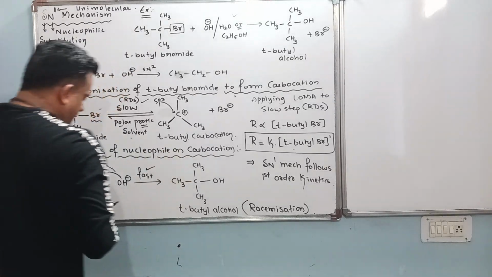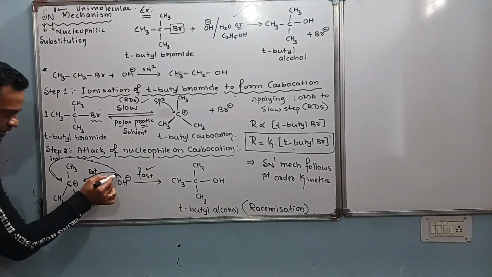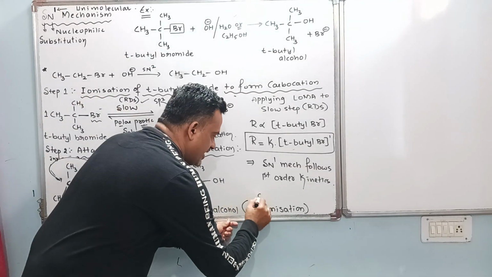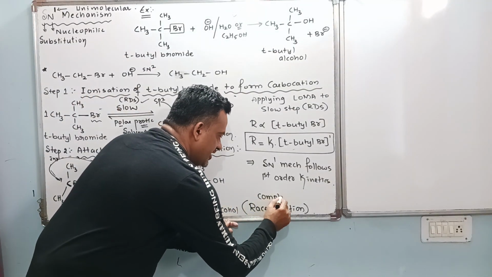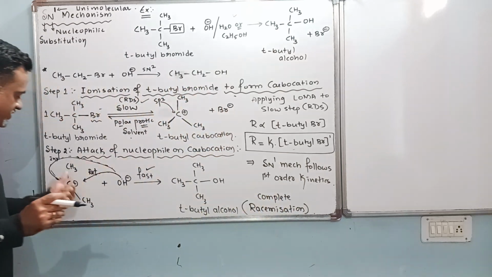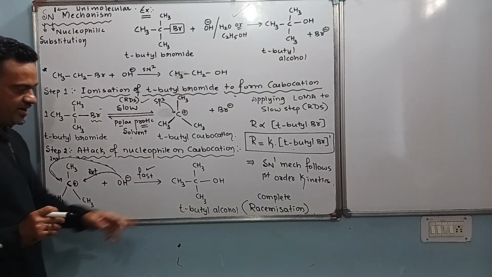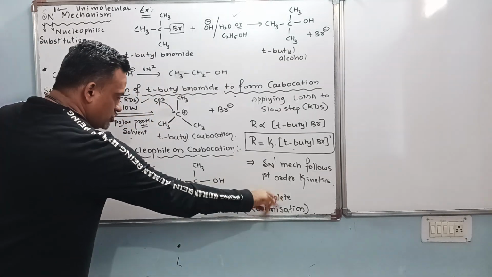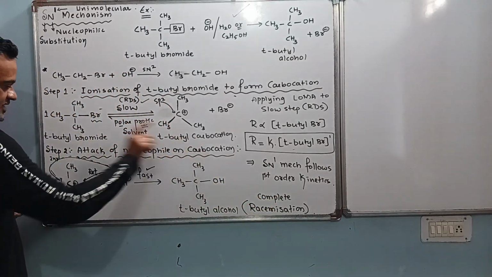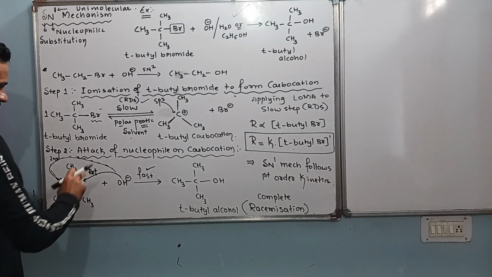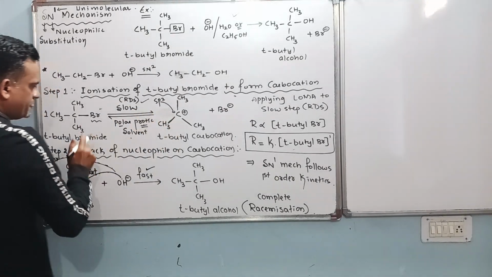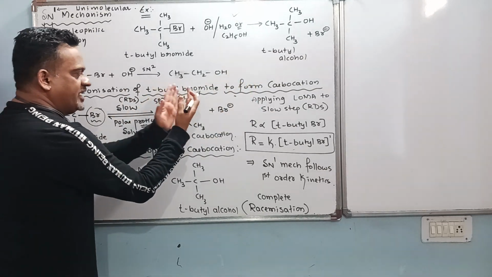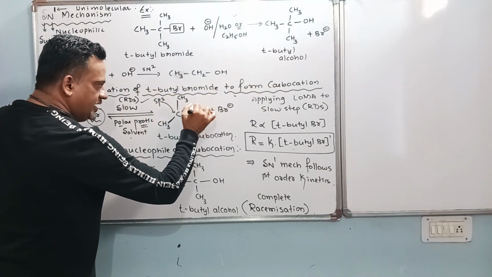But what you need to observe here is that we have assumed it is going to form complete racemization. Complete racemization means 50% front side attack, 50% back side attack. It is going to be a pair of enantiomers, one with front side and the other with back side attack. But if you look carefully, the Br minus which is formed has not completely left.